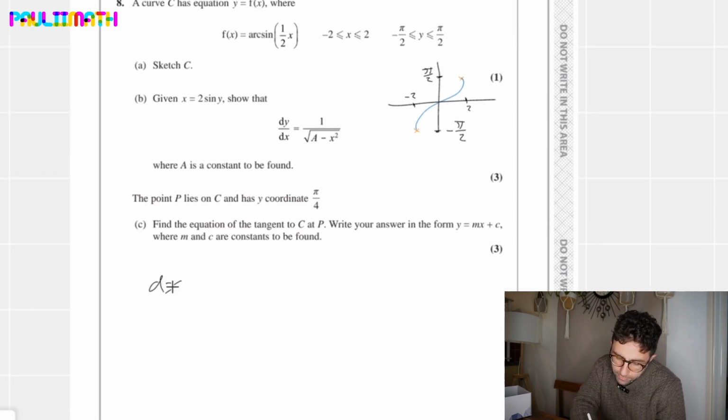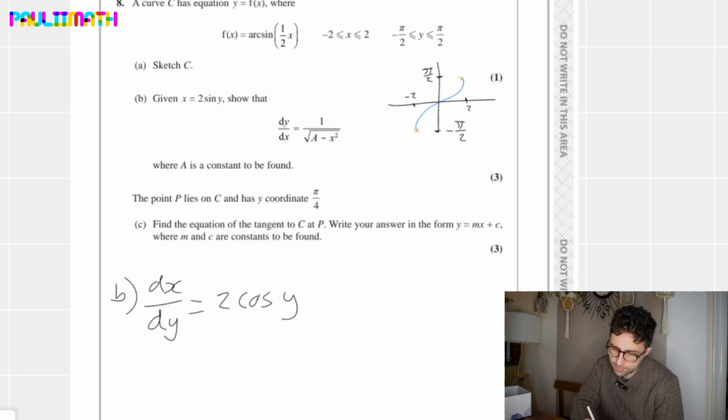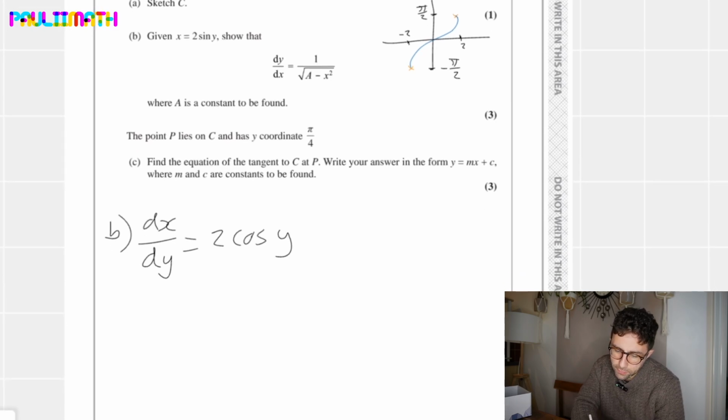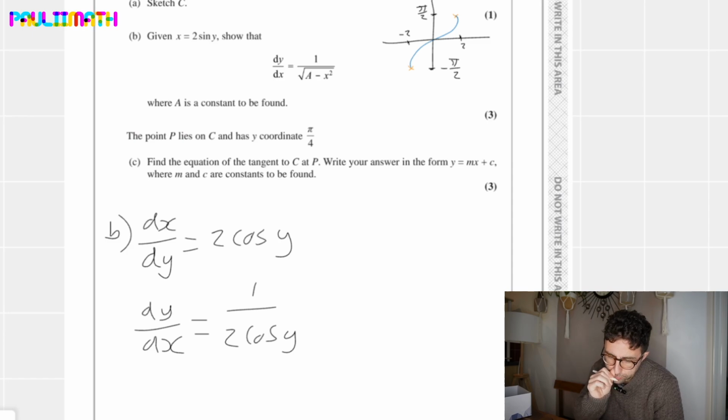Okay, dx by dy is 2 cos y. So dy by dx is 1 over 2 cos y. We just need to change into x now. We've got our derivative in terms of y, and we need to change it into x.